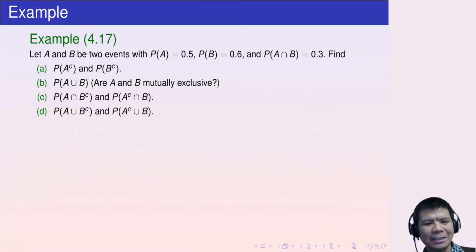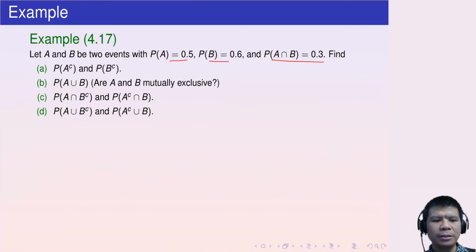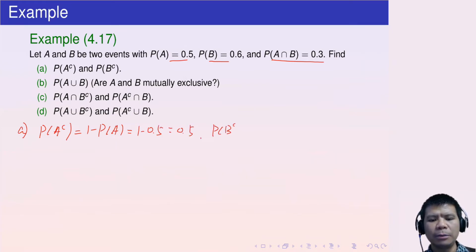Now, let's consider another example here. A and B are two events, with the probabilities given. Now what is the probability of A complement? By the complement rule, it is 1 minus probability of A, equals 1 minus 0.5, equals 0.5. Similarly, using the complement rule, probability of B complement is 1 minus probability of B, 1 minus 0.6 equals 0.4.